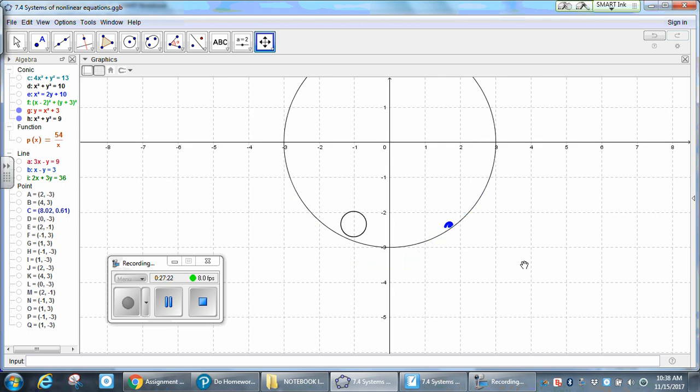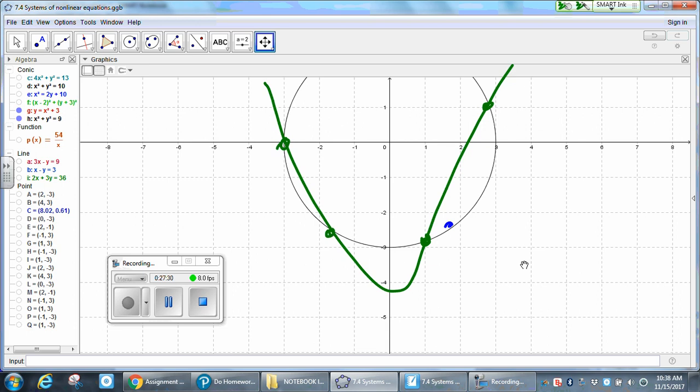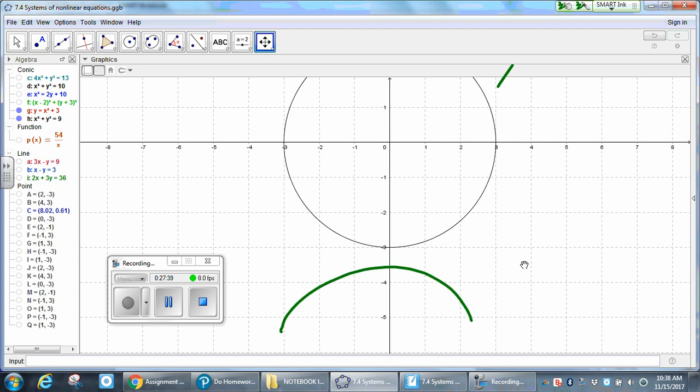You could have a parabola like that. So you could even have 4 intersections, 1 intersection, or you could have no intersections at all. Imagine if the parabola was opening down like this. No intersection, so no solution.